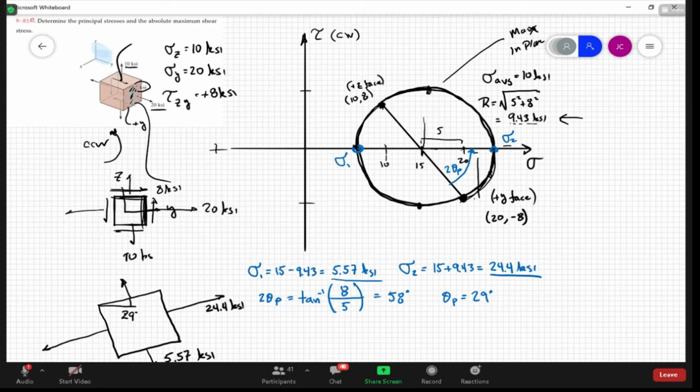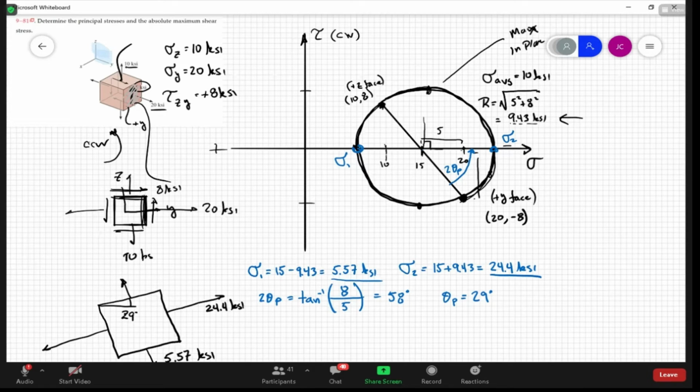In Mohr's circle, it's always going to be 90 degrees from the principal state. The principal state is always going to be that x-axis, and then we rotate it 90 degrees in Mohr's circle to the straight up and down.